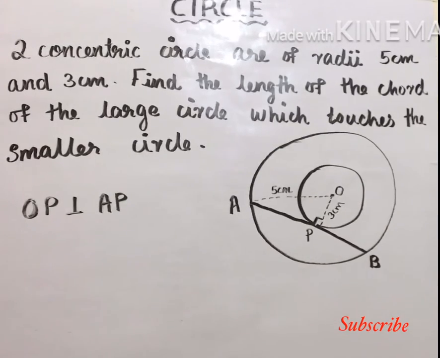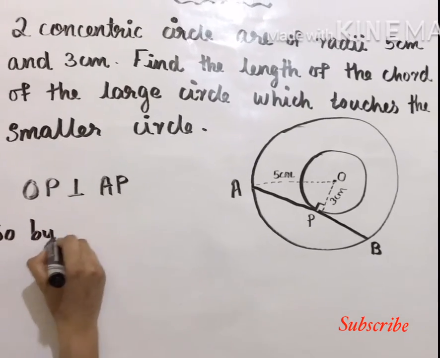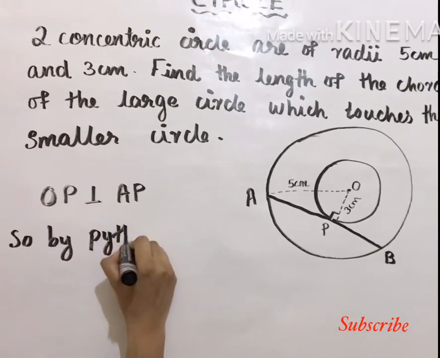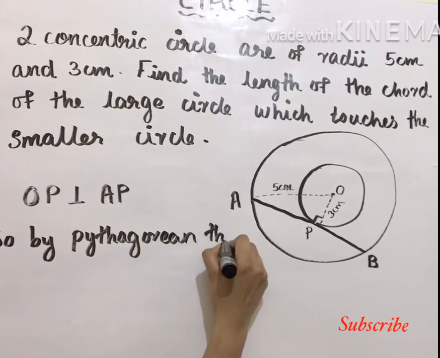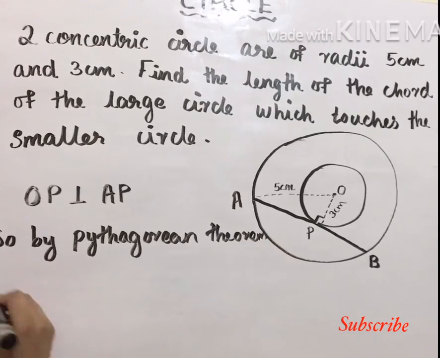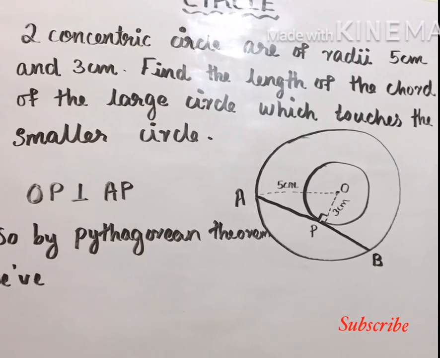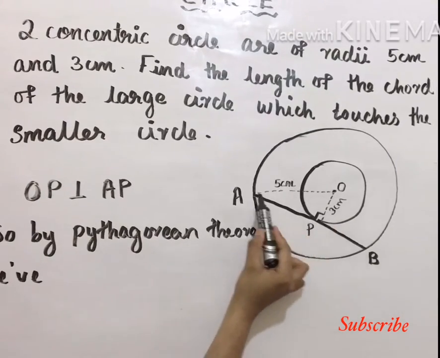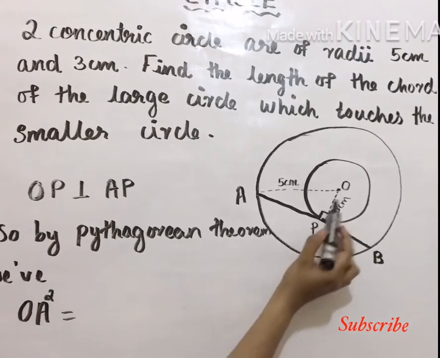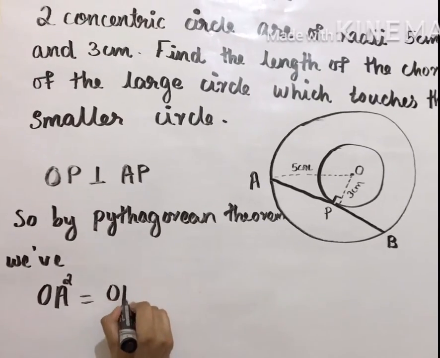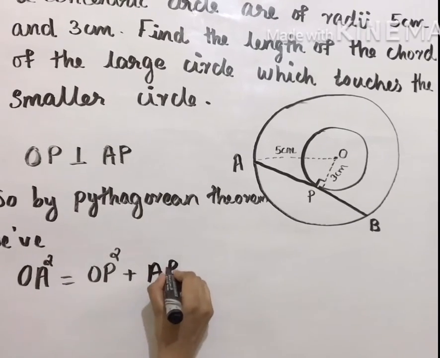So by the Pythagorean theorem we have OA square is equal to OP square plus AP square.